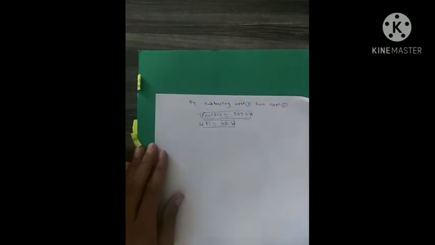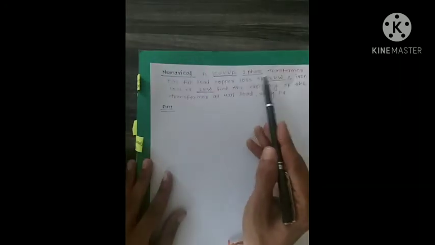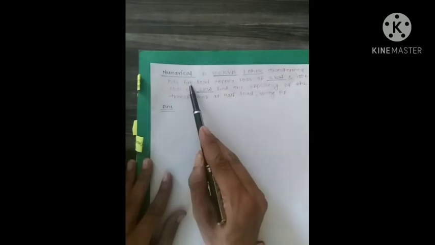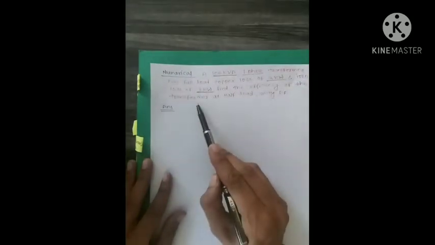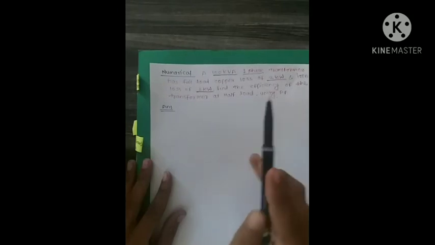Okay, we'll take the next numerical. A 100 kVA single phase transformer has a full load copper loss of 3 kilowatt and an iron loss of 2 kilowatt. Find the efficiency of the transformer at half load unity power factor.